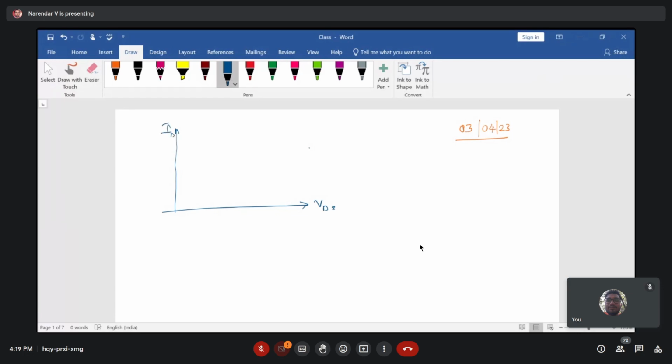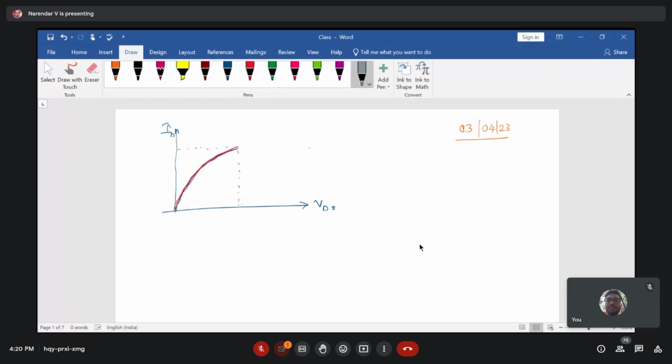When your drain voltage increases, your drain current increases linearly, right? And at a point the current is going to start to saturate, right? So this plot is normally referred to as a kind of parabola where your current is linearly increasing, and you can call it the linear region of operation.